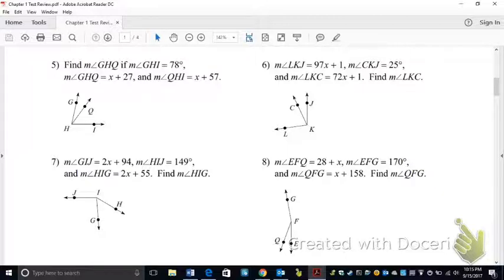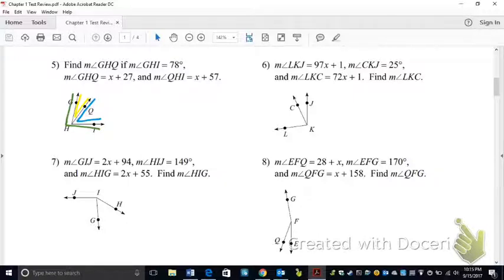With both of these, I first want to write my angle addition postulate sentence. That means we have an inner angle plus another inner angle equal the larger angle. This is just like the segment addition postulate, which is next, but we went over this first.